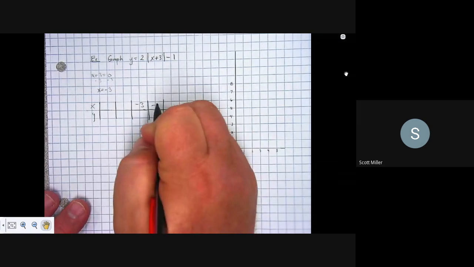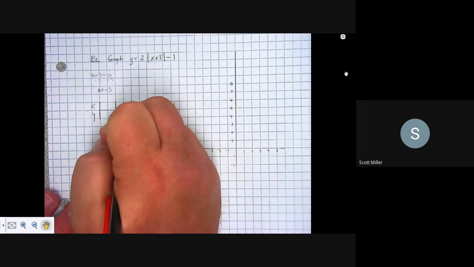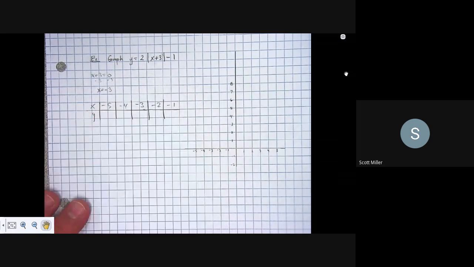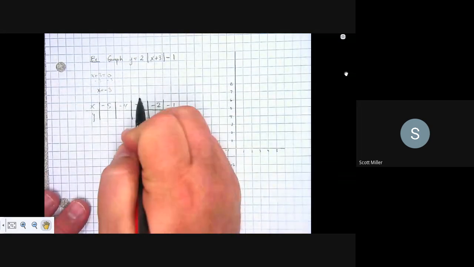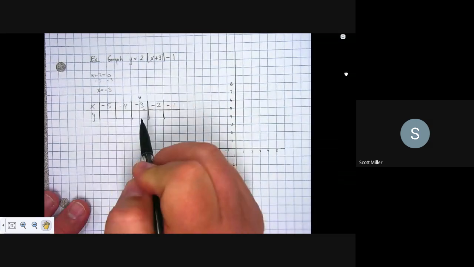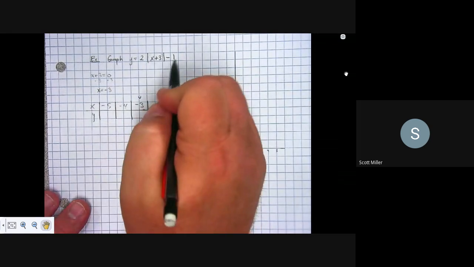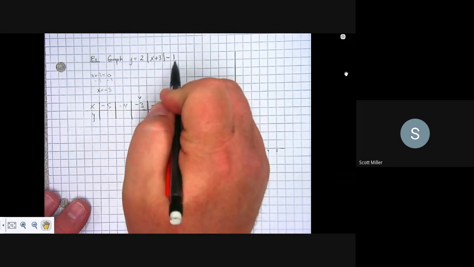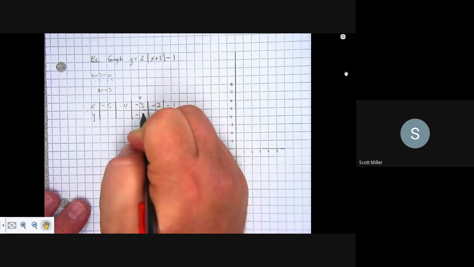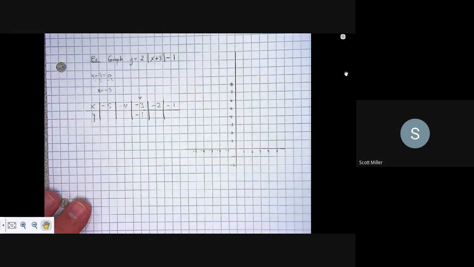Usually I just pick the next two going up and the next two going down. Now, where is the y-coordinate of the vertex? I'm going to put a little v there so I know that's the vertex. Well, it's that number right there. So our vertex is at -1. So there's the vertex, -3, -1. And as we go through this, keep an eye out for the patterns that you're going to notice.